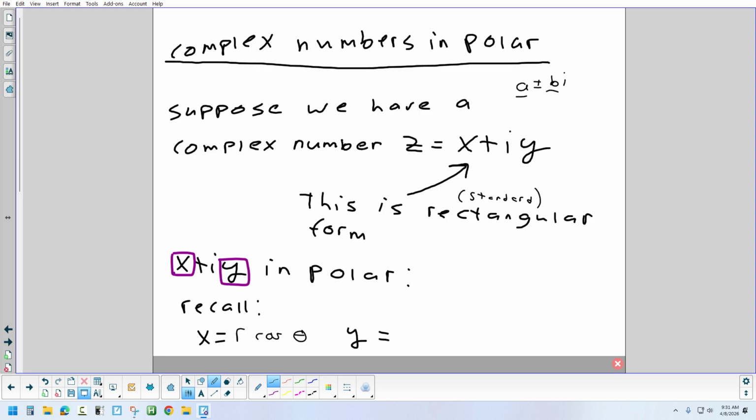And what was the formula we had for Y? R sine theta. So all we have to do to change that number into polar is take this and fill it in right there, take that and fill it in right there. Okay, so let's fill those 2 things in.